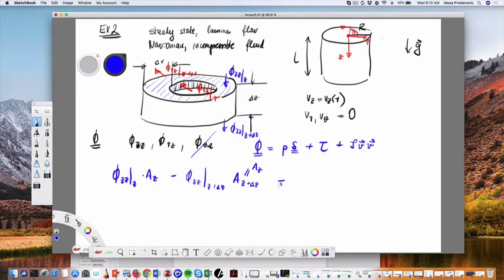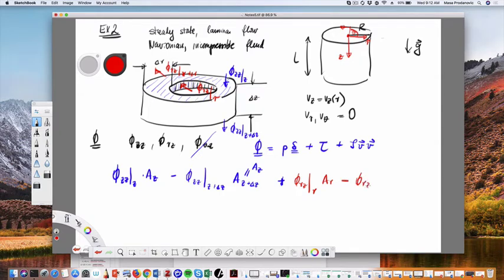And then plus, I have this phi RZ at R times AR. And again, the reason I'm using this notation is because I don't want to write out R and Z. Z is kept constant in this particular case.